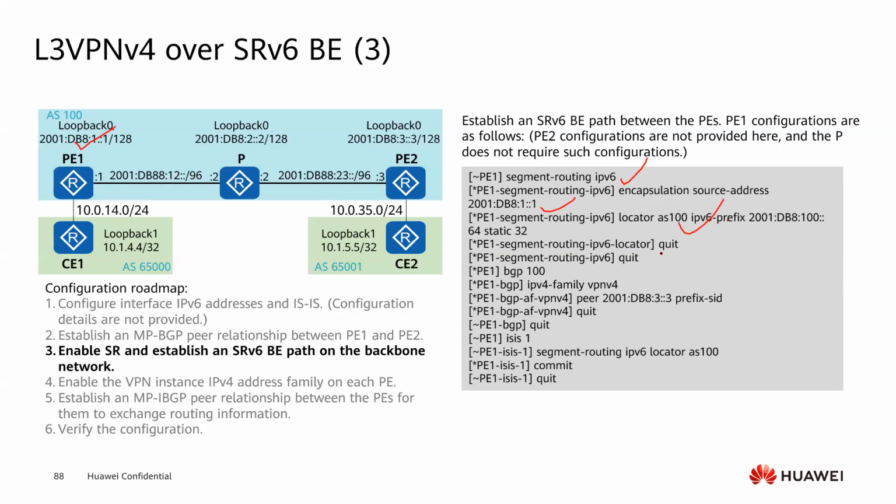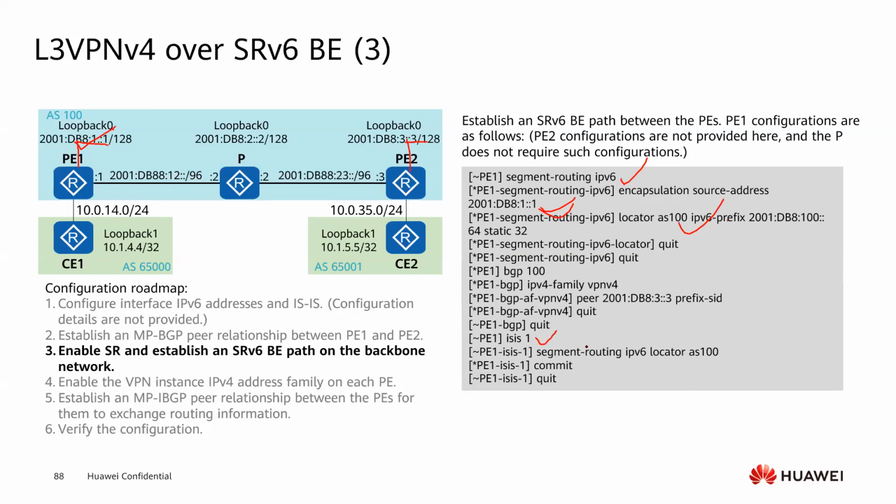Set a locator, and use this source address to create the VPN v4 peers.